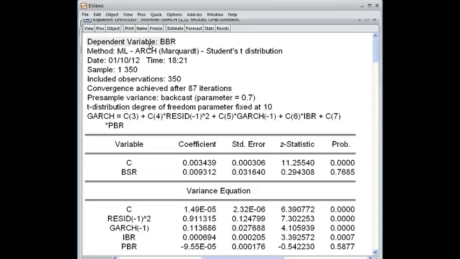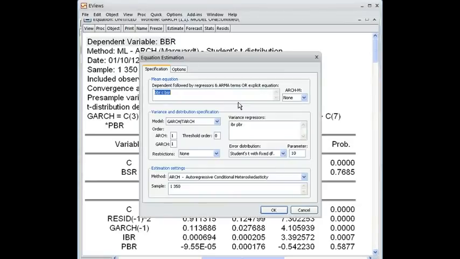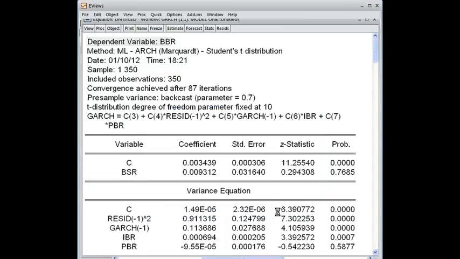So now I check the third one, that is GED, right? Distribution under GED. How to get it? So I go to estimate as before. Then everything will remain unchanged except I choose GED here, and I run the model.